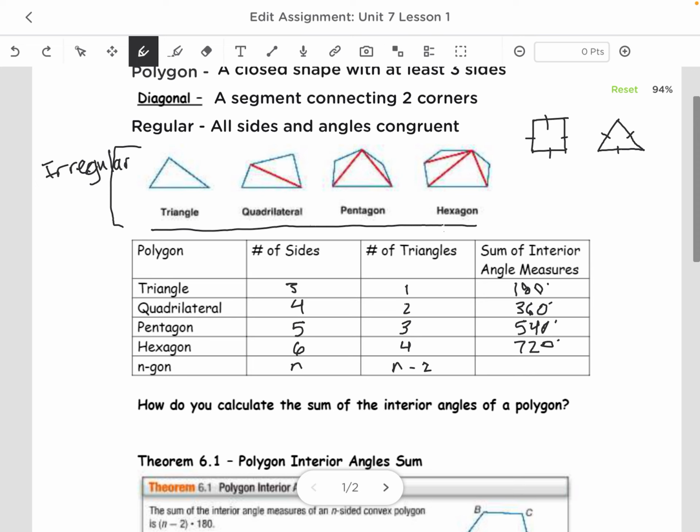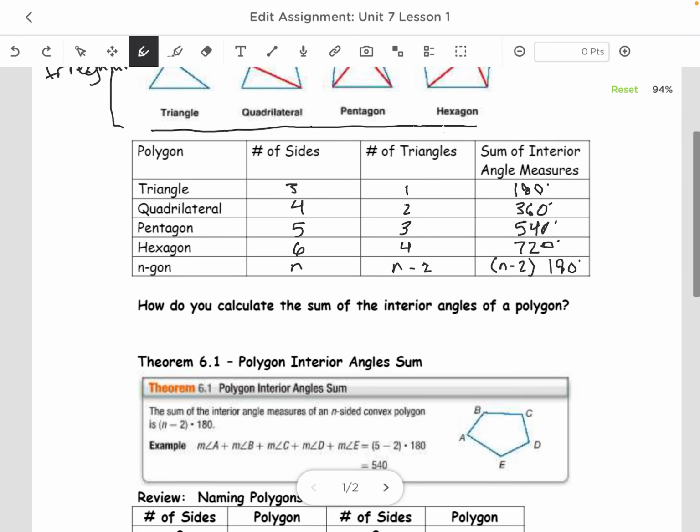If we have n minus 2 triangles, that's n minus 2 times 180, which will give us the sum of the interior angle measures. So the general rule for how we're going to find the interior angle sum is by doing the following.